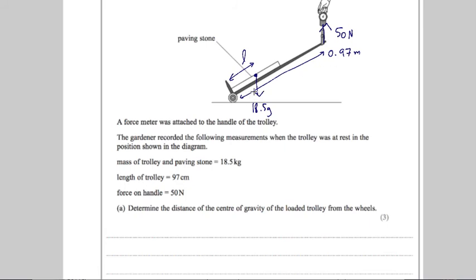Now this is at an angle, and if you notice we have an angle between the forces and the lengths, so we are definitely going to need to put an angle in here. So let's call that theta.